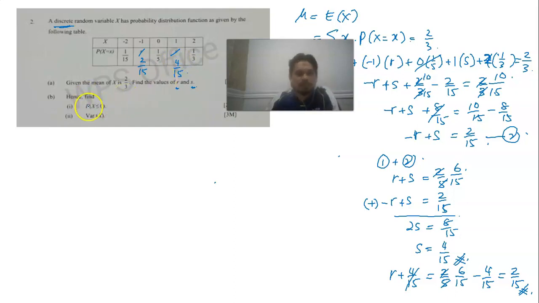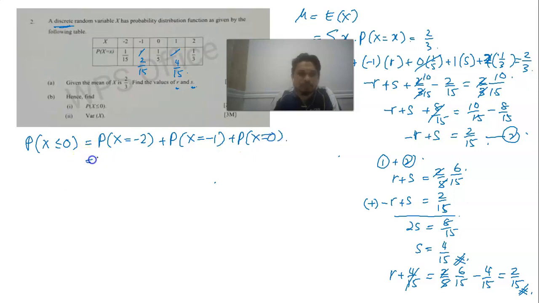Now find the probability of X less than or equal to 0, including 0, -1 and -2. Probability of X less than or equal to 0 means the probability of X equal to -2 plus the probability of X equal to -1 plus the probability of X equal to 0.